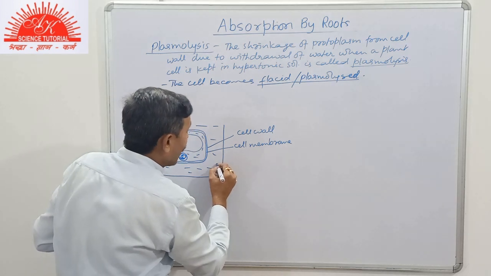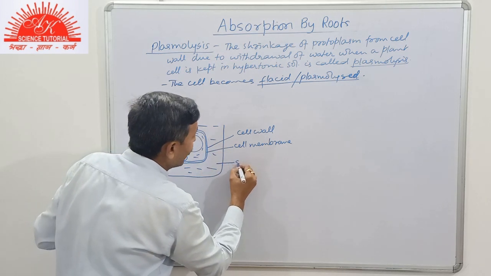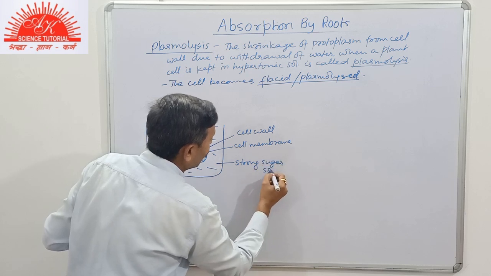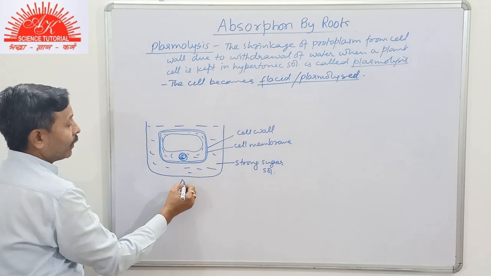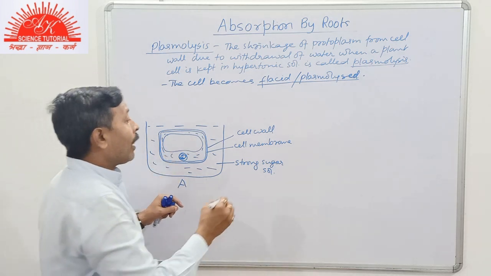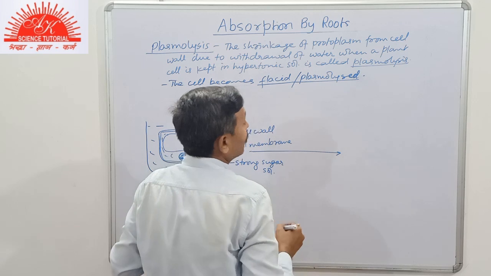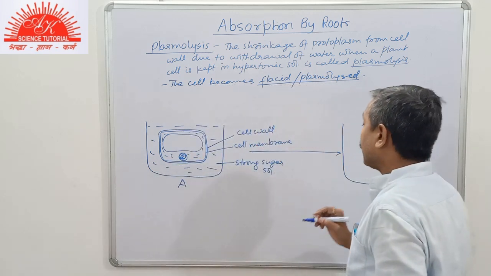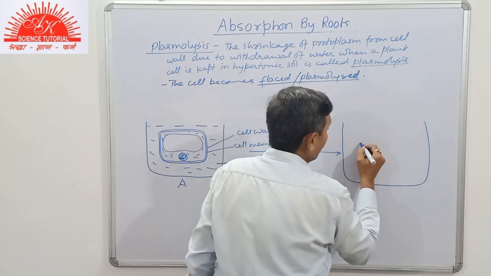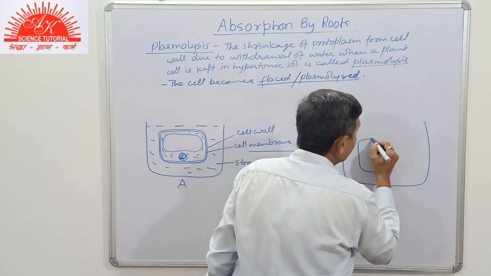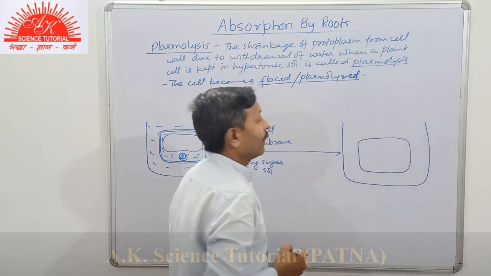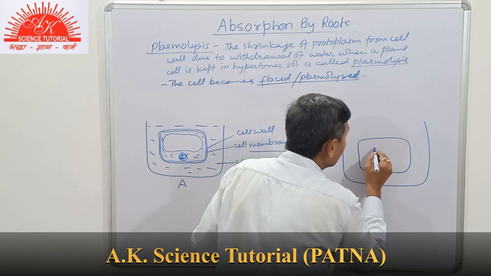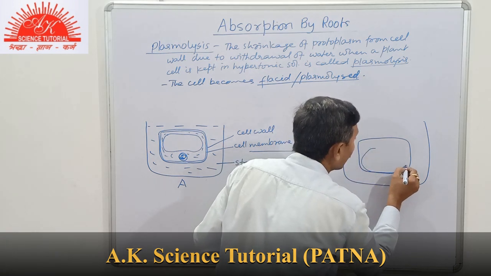Now suppose the cell is placed in a strong sugar solution. This is the initial condition. After some time we see what happens to it. Due to exosmosis, as you know the cell wall is rigid and freely permeable, so it will leave the space.